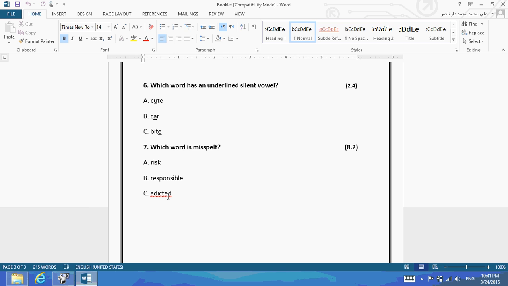At the beginning of each lesson, usually we write the keywords and we used to pronounce them following a dictionary, a British dictionary. Here we have risk, responsible, addicted, and the answer is addicted because it should have double D.